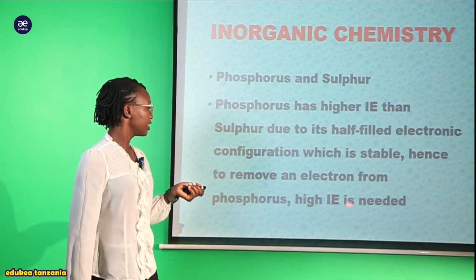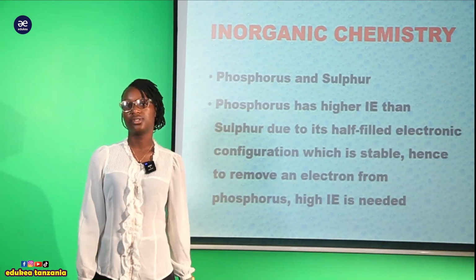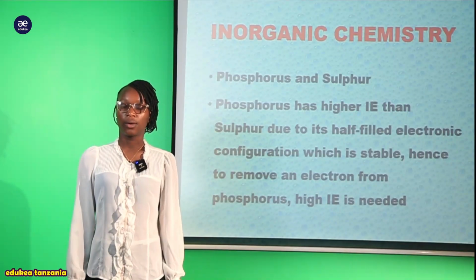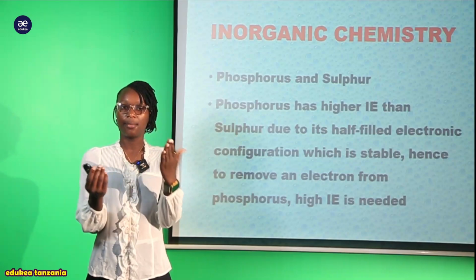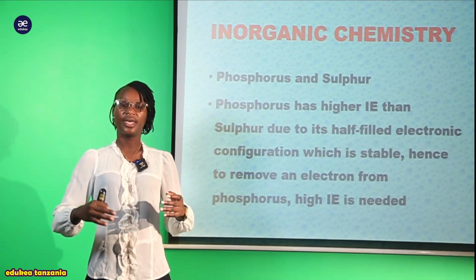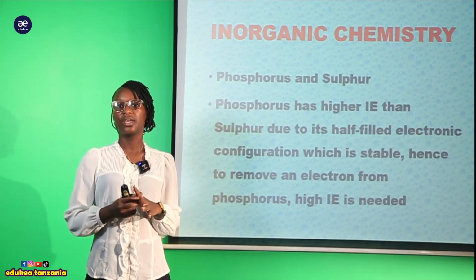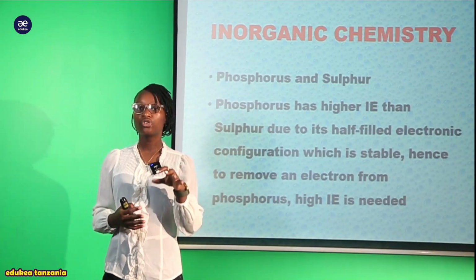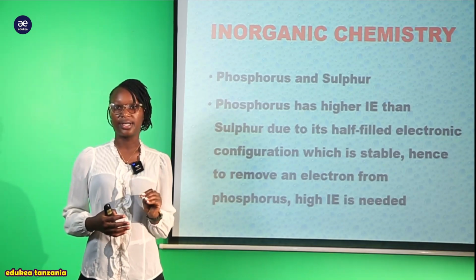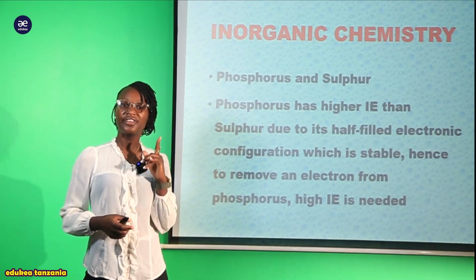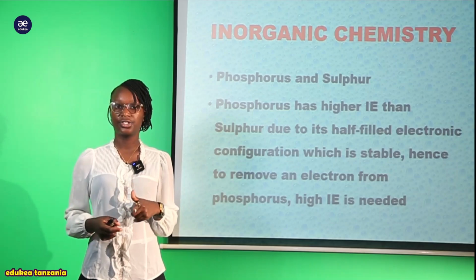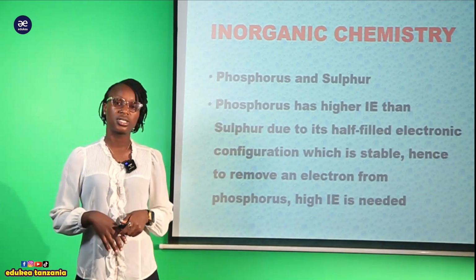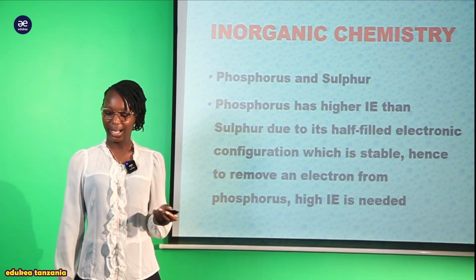Hence, to remove one electron from phosphorus, higher energy is needed. Sasa kama isha maintain the stability, it's difficult to remove the electron there kwa sababu kuna ile power for stability, the stability force ambayo ina hold zile electron katika ile stable manner. So you can see that to remove the electron there becomes difficult. Therefore, if it's difficult, it means that we require higher energy to remove those electrons. That's why there is a higher ionization energy in phosphorus compared to sulfur.